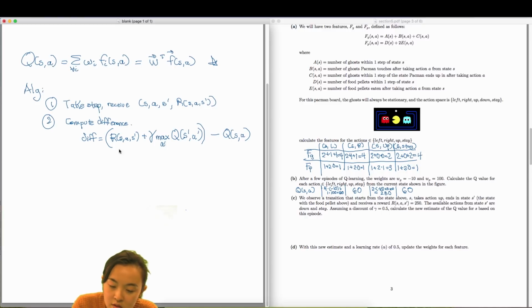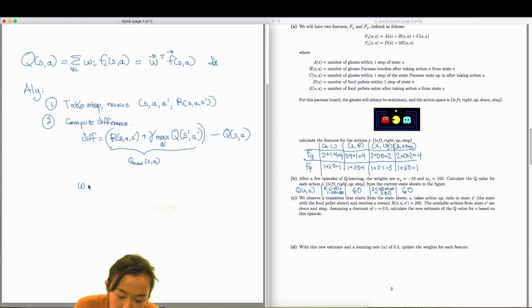Essentially you can understand this equation as the updated Q value for SA after we've received this data here, and then this is the old Q value for SA before we receive this data.